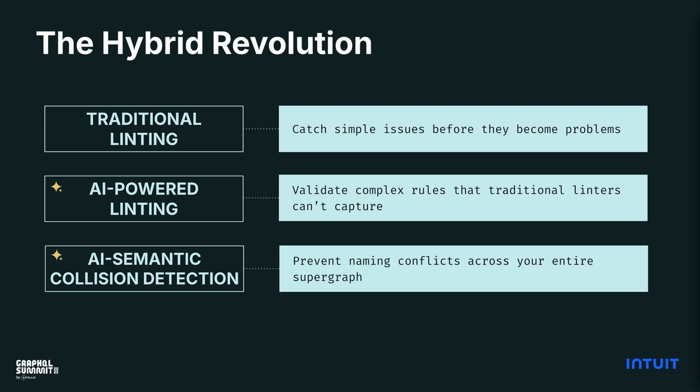The second tool, more interesting, is an AI linter. We call it this way to validate more complex rules. To give you more understanding of what the traditional linter can capture and what the AI linter can, let's say the traditional linter can capture errors like you don't have a field in camel case, right?